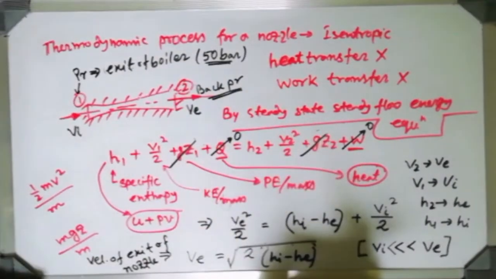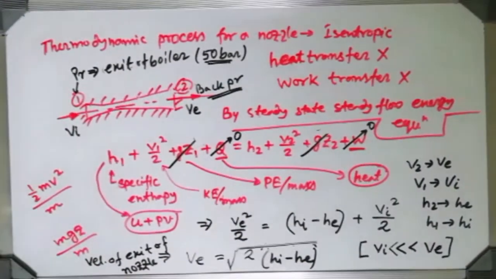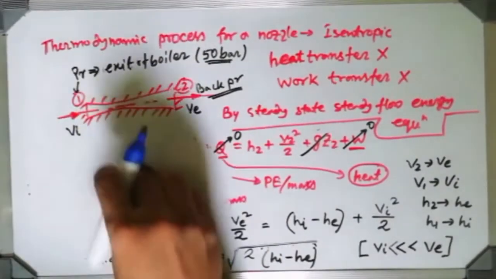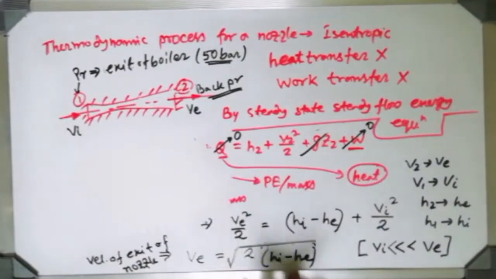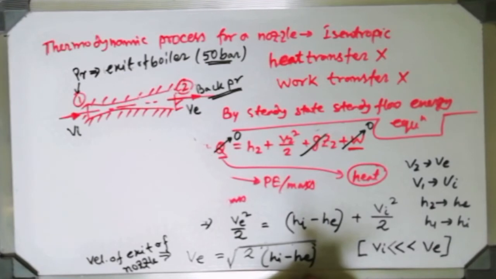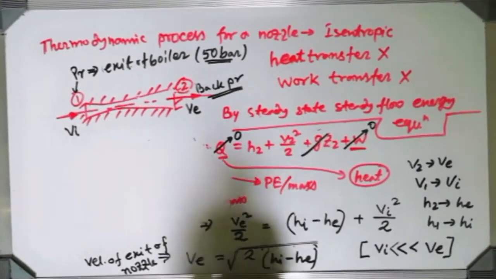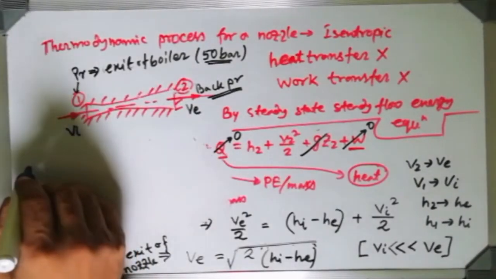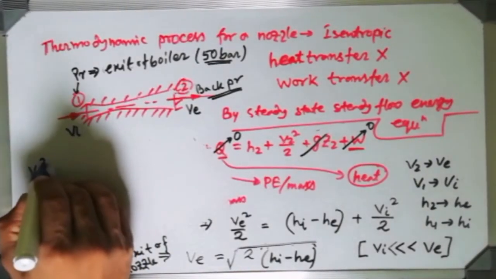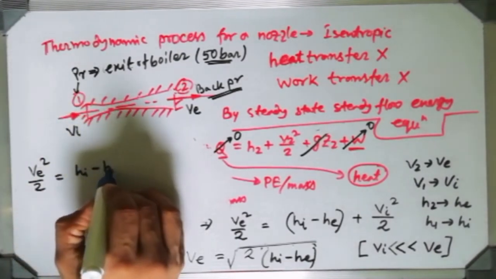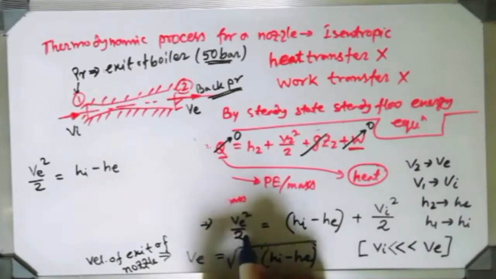And one thing should be remembered over here, that this expression always gives you the same unit on the left side and the right side. Check, is it giving you the same unit or not? Suppose take it from here, that VE square by 2 is equal to HI minus HE. That expression I am taking, ignoring this VI square by 2.